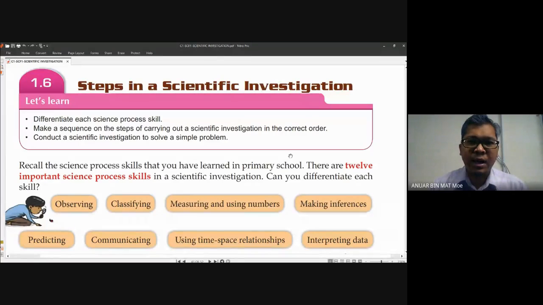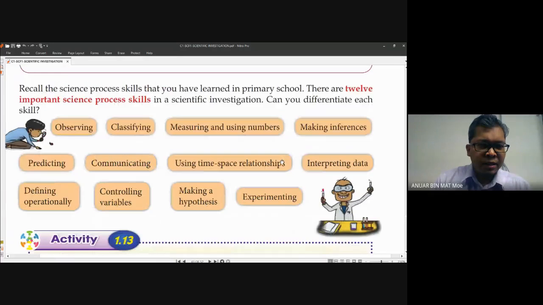There are steps, langkah-langkah, that you need to follow accordingly and correctly. The arrangement of the steps, number 1, number 2, until number 10, in order to get the answer. This is what we're going to learn about the steps in a scientific investigation. All right, so I continue.